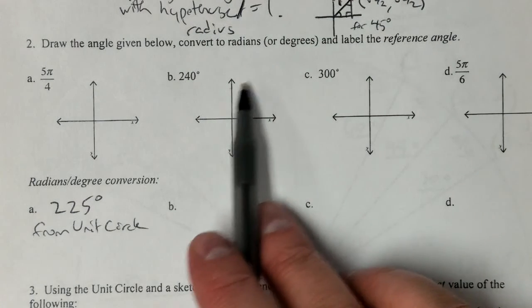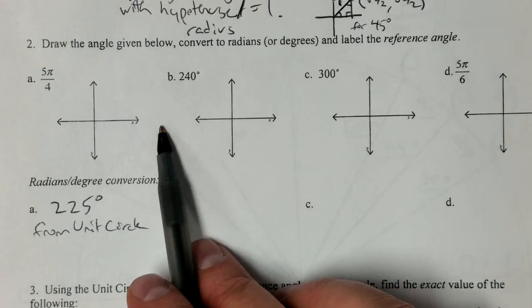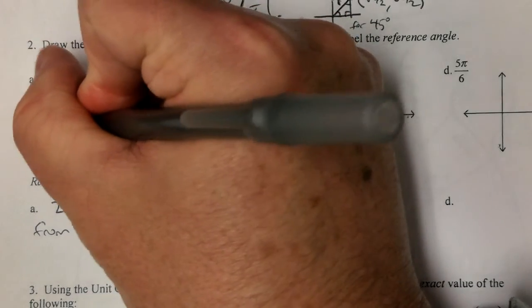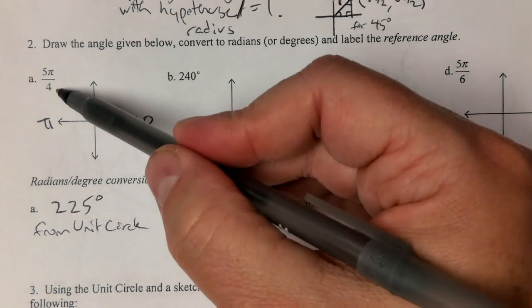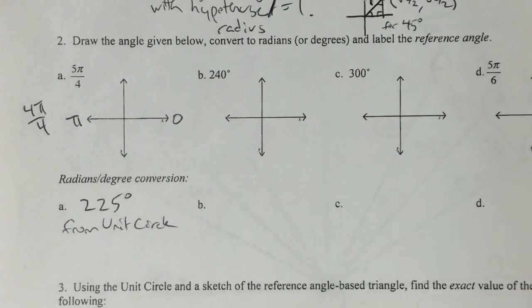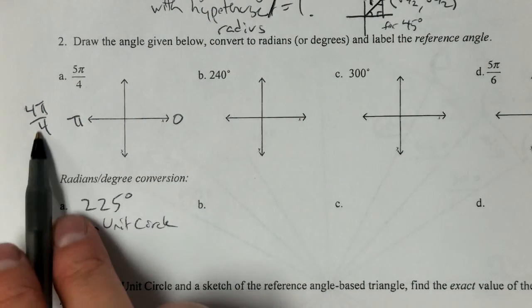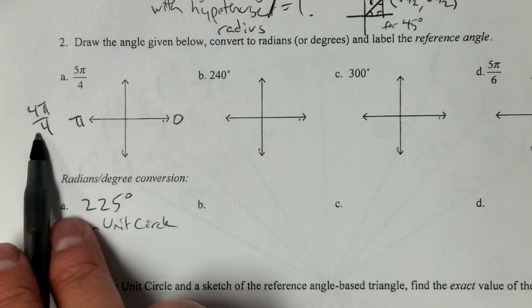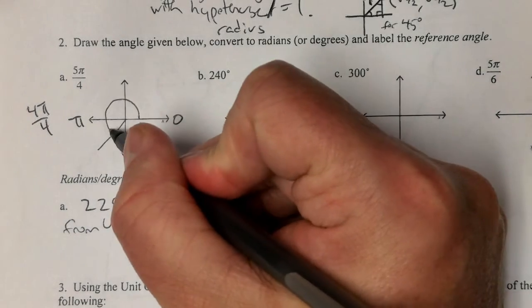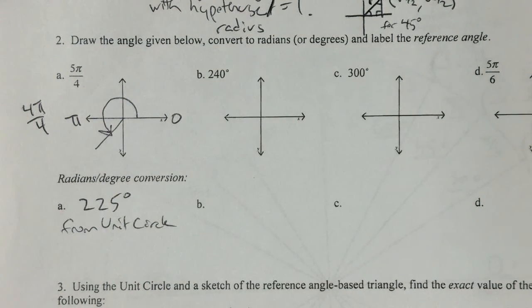Then it also says to draw it, and so I would think 0's here, pi is here. Since 4 is my denominator, I can think of that as 4 pi over 4. Pi is the same thing as 4 pi over 4, so 5 pi over 4 would be like in the middle here. So that's your drawing.